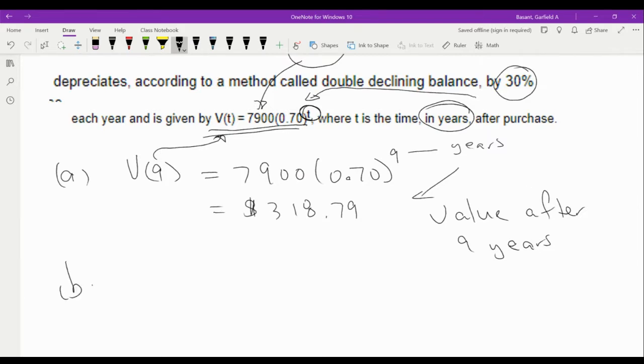Let's go to part B. Part B says find, let me write out the instructions. Find V prime of 9 and explain its meaning.